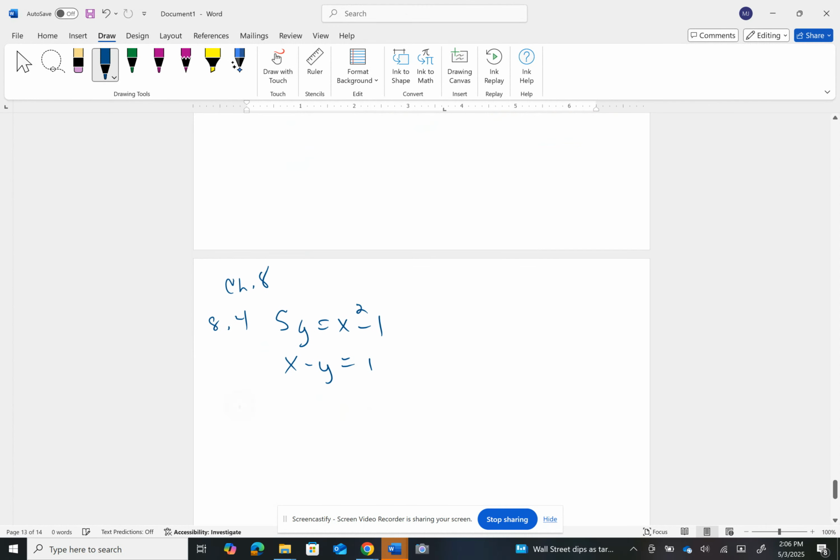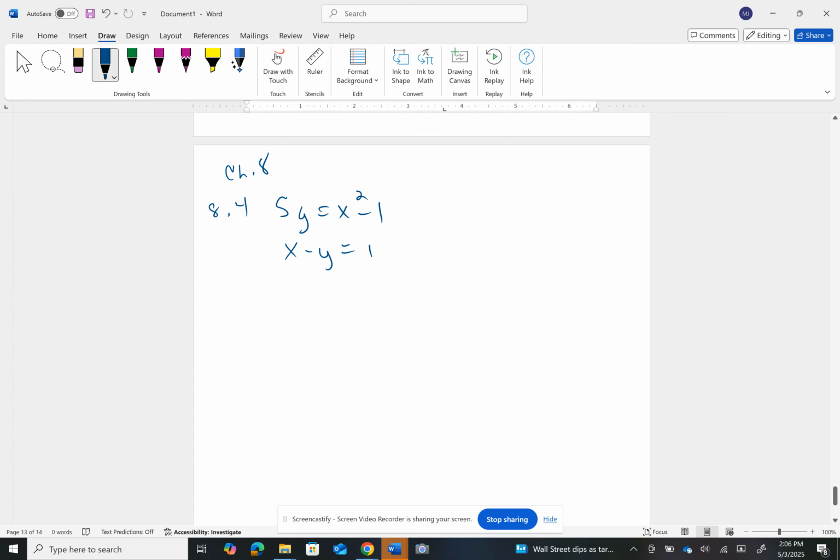For this one, what you might do is get the x by itself so that you can use substitution. That bottom equation becomes x equals y plus 1.